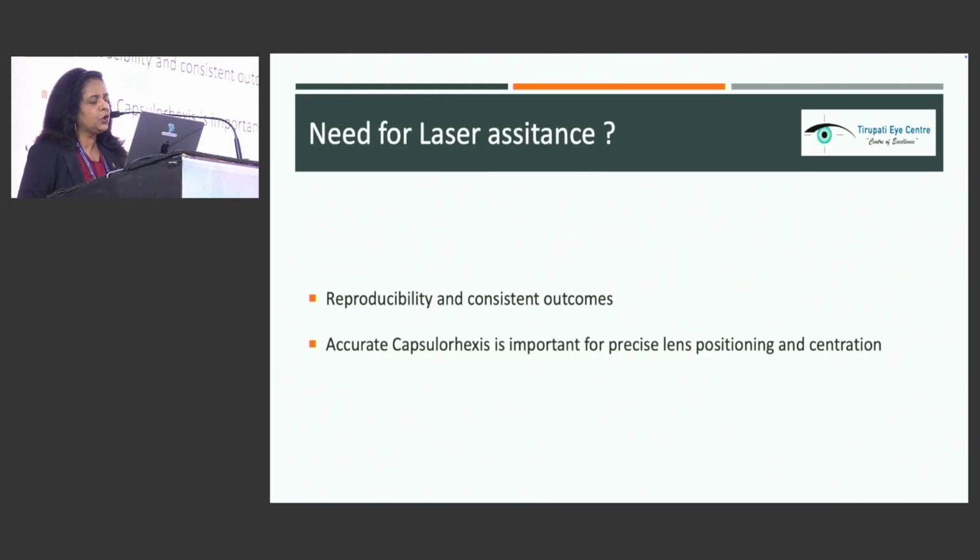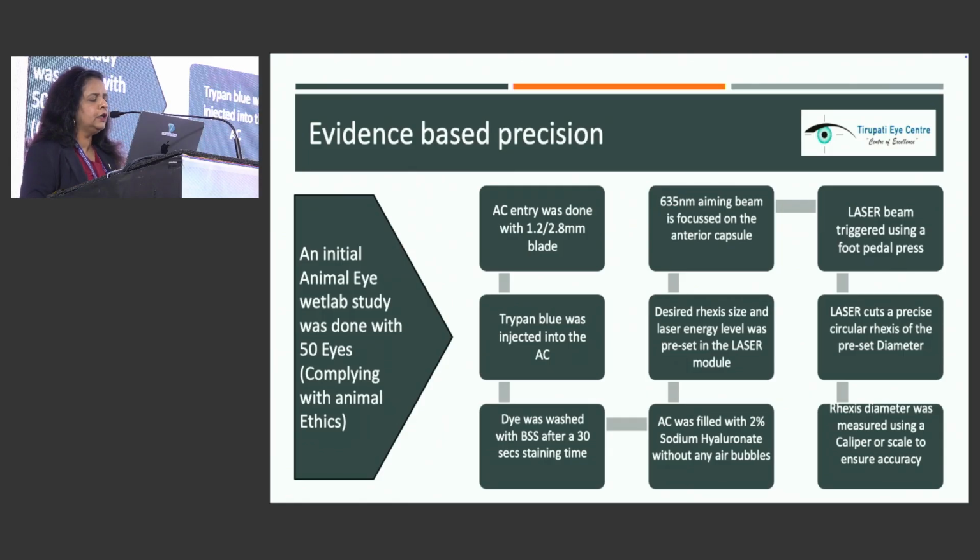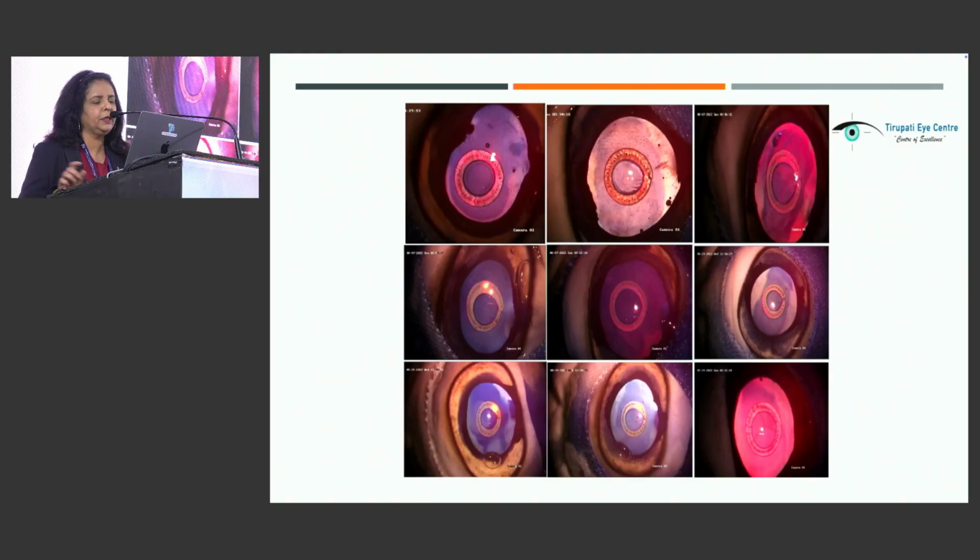So as I said, what is the need? Reproducibility and consistent outcomes, and for precise lens positioning and centration of our current presbyopia correcting lenses, we need accurate capsulorhexis. So we started by doing an animal study with 50 eyes, using all ethics that were applicable to animals, and these are the kind of results that we got in our animal eyes.